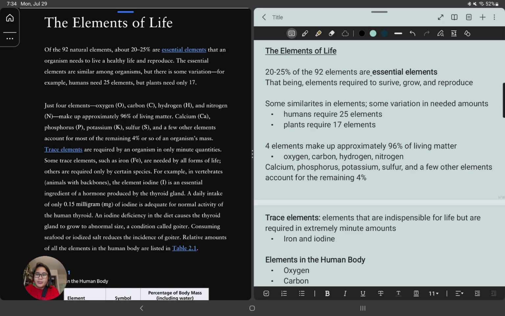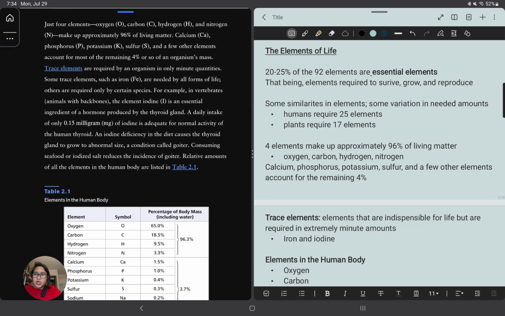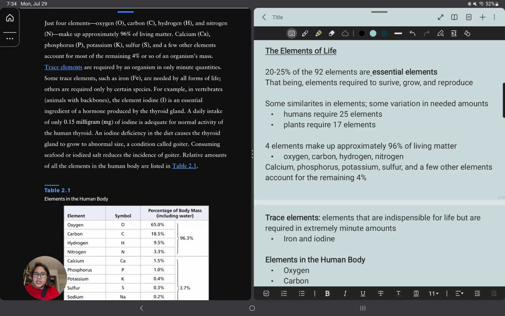For example, humans need 25 elements, but plants need only 17. Just 4 elements, oxygen, carbon, hydrogen, and nitrogen, make up approximately 96% of living matter. Calcium, phosphorus, potassium, sulfur, and a few other elements account for most of the remaining 4% or so of an organism's mass.